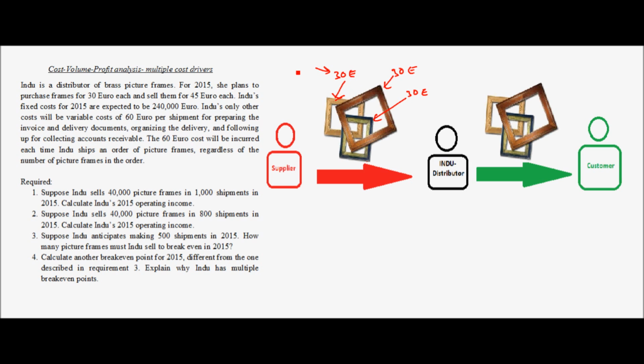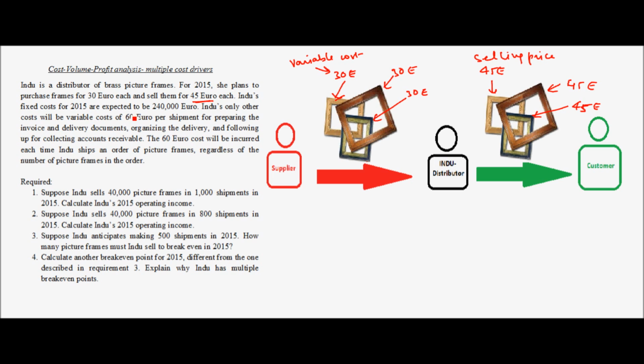Now this is the variable cost, which is per picture frame that Indu is buying from the supplier. And then these picture frames are being sold to the customers at a price of €45 each. So this is the selling price per picture frame.